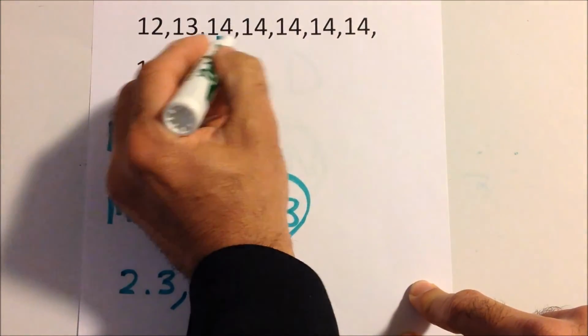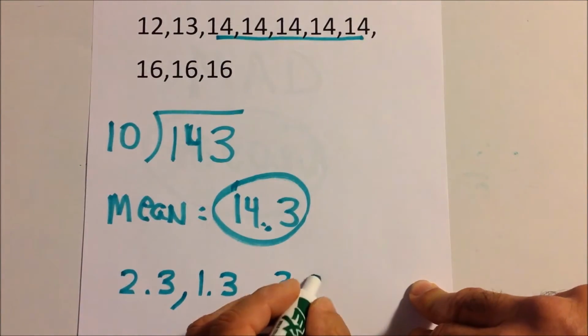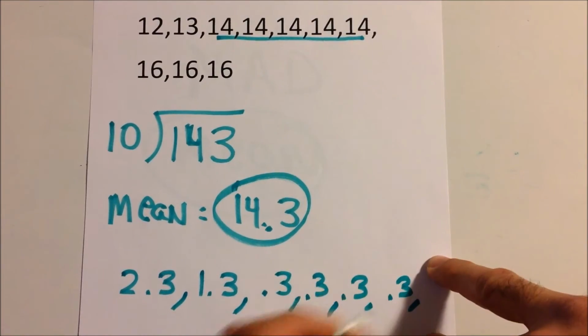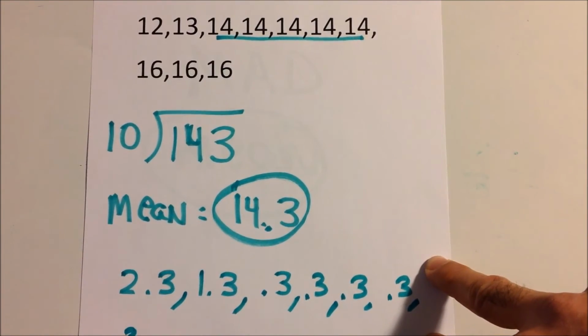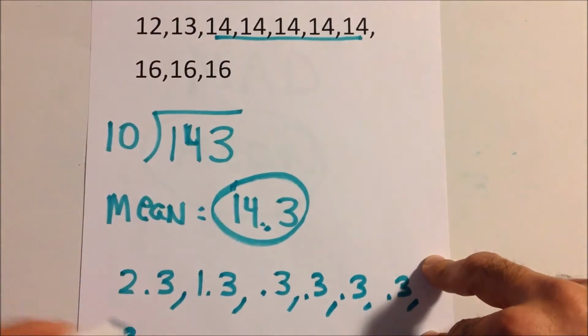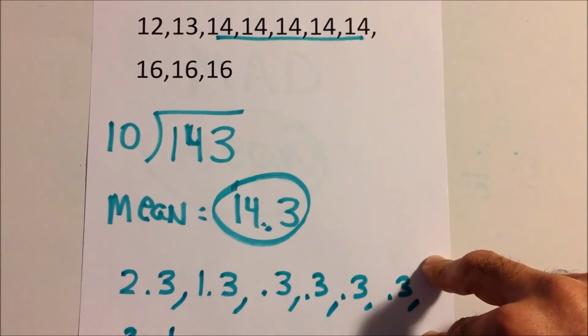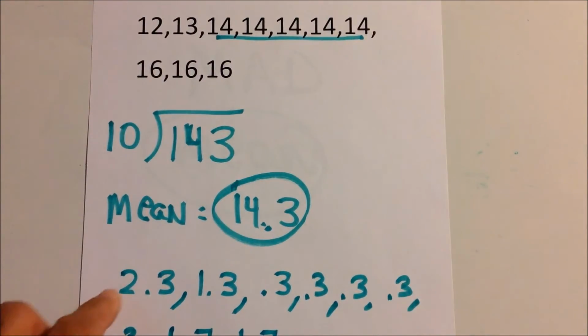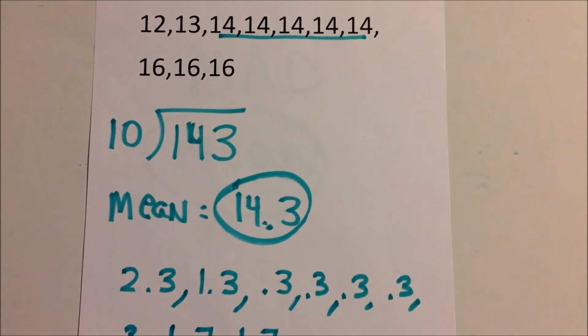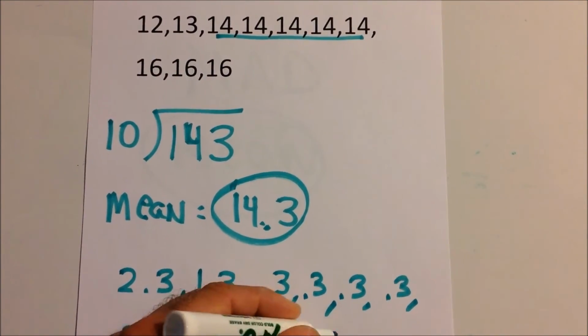We have 5 of them. 0.3, 0.3, 0.3, 0.3, 0.3. And then we have 16 from 14.3, so that's 1.7. So make sure you have 10 numbers now. 1, 2, 3, 4, 5, 6, 7, 8, 9. We're missing one. Oh, there's another 16. Another 1.7. So that's 10 numbers.